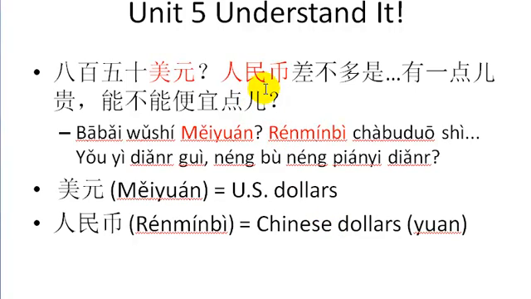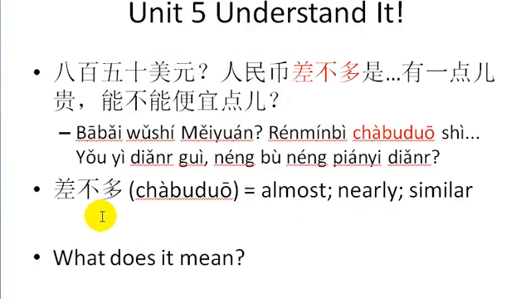So 人民币 literally is the people's currency for Chinese dollars. 人民币差不多是有一点儿贵，能不能便宜点儿? Okay, so let's figure out what the rest of the sentence is saying. 差不多 is a very common phrase in Chinese, and it means almost, nearly, or similar. 差 means short, or short of, meaning missing, right?